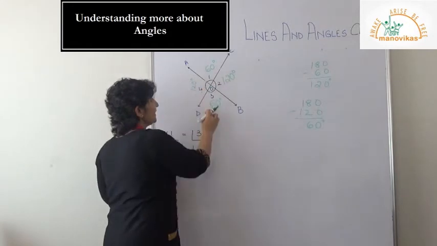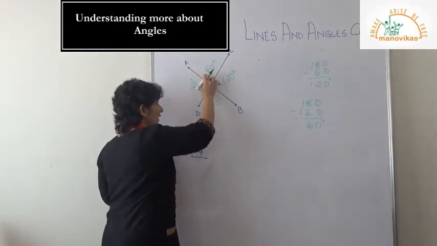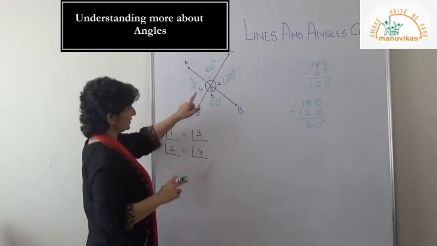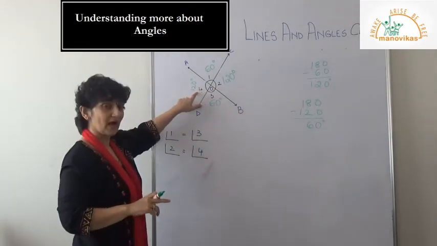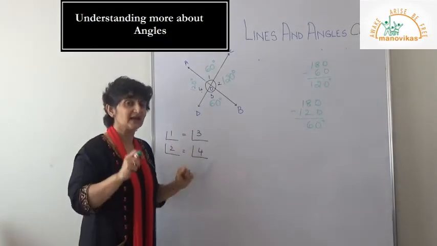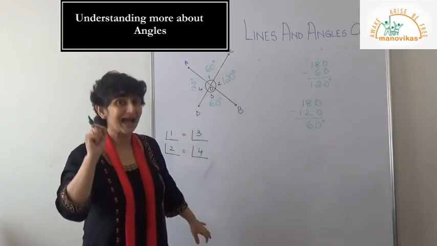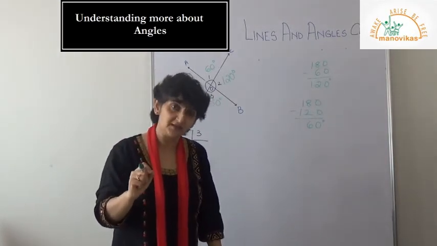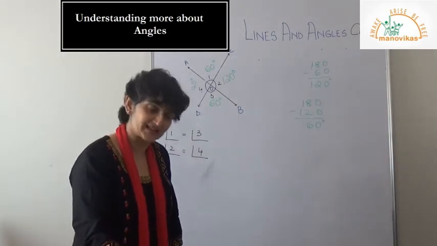Now these are vertically opposite. Now angle 1 is equal to angle 3. That's what we have to prove. And your angle 2 is equal to angle 4. So with this you understand that vertically opposite angles are always equal. I hope I'm clear. Let's move on to the exercise.